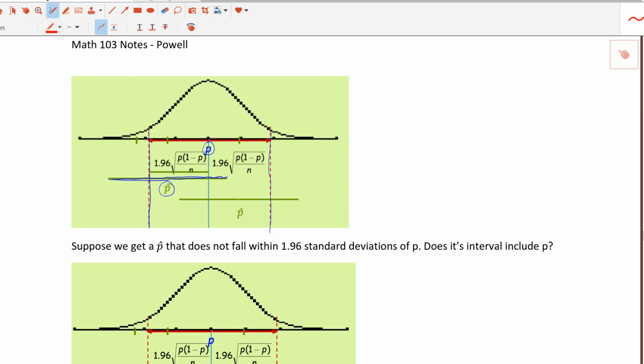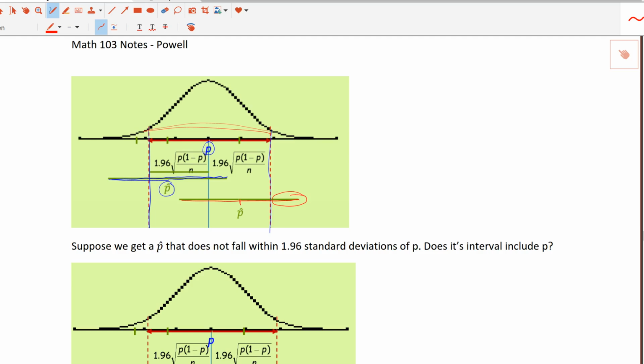Same thing if we take another sample and we get a different sample proportion, and we go 1.96 standard deviations below that, 1.96 standard deviations above it, not all of the values are necessarily going to fall within this area right here, 1.96 standard deviations of the actual value.